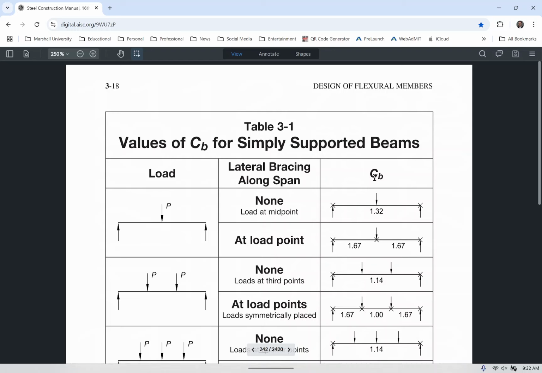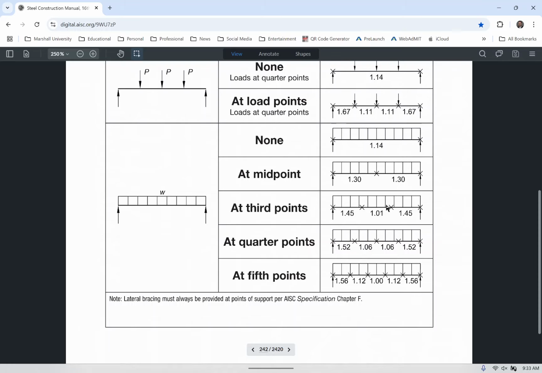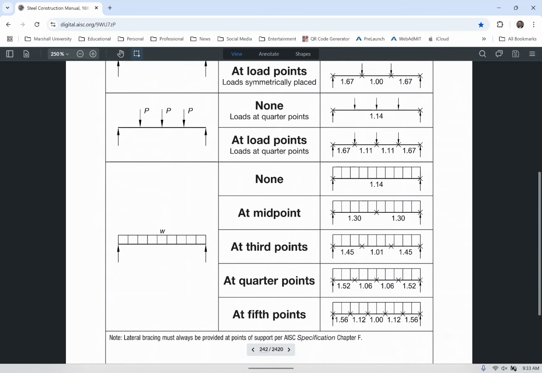So I have this right here, simply supported beam with a load at midspan. What this is saying is if I don't have a brace at midspan, CB is 1.32, but if I do, CB is 1.67. So it went ahead and computed the CB for us. So what I'm going to do is scroll down and I ask you, what is the CB going to be for our problem? 1.30.